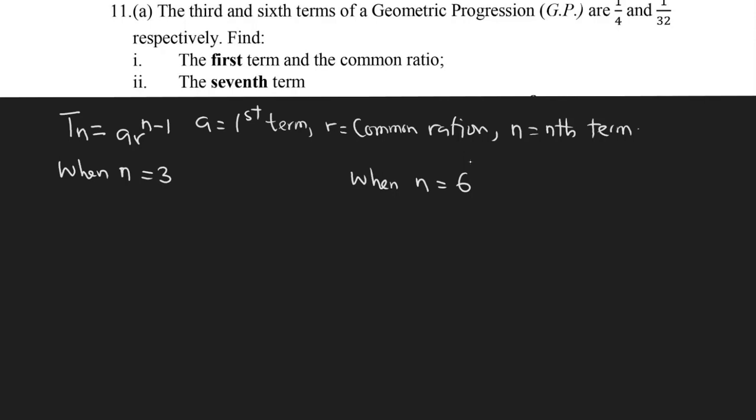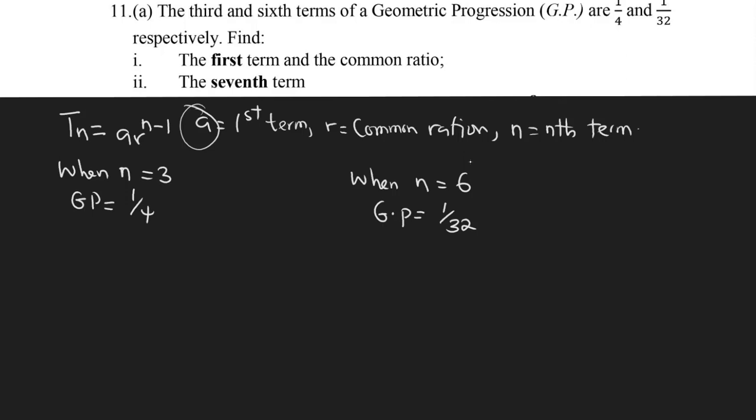So when n is 3, the GP is 1 over 4, and when n is 6, the GP is 1 over 32. We have to find a, the first term, and the common ratio r.